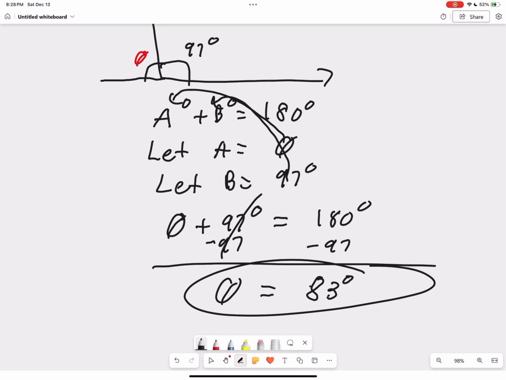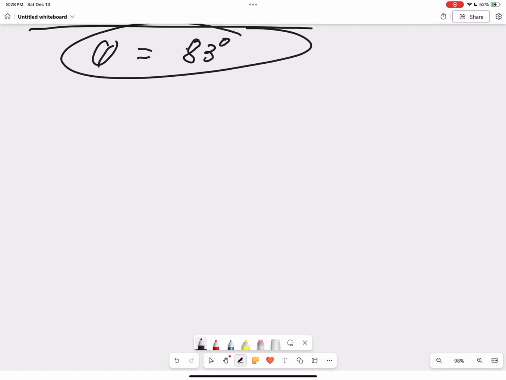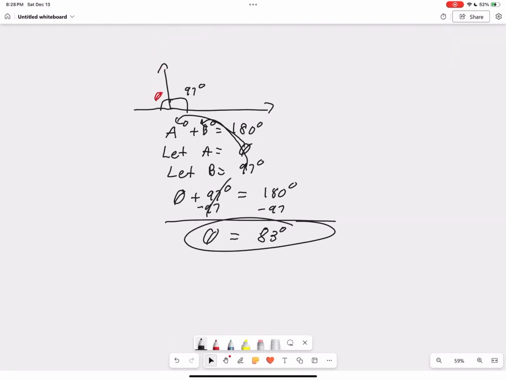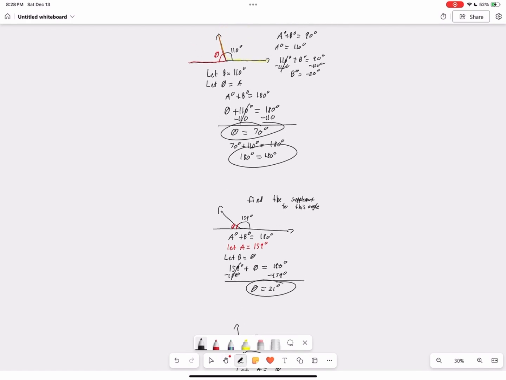Okay, cool. So that's basically an introduction to supplementary and complementary angles and solving for missing angles when they give you something like that. So how can you determine if a pair of angle measurements are complementary, supplementary, or neither? If I gave you, for example, 36 degrees and 24 degrees, all you have to do is plug it into the formula, either one.